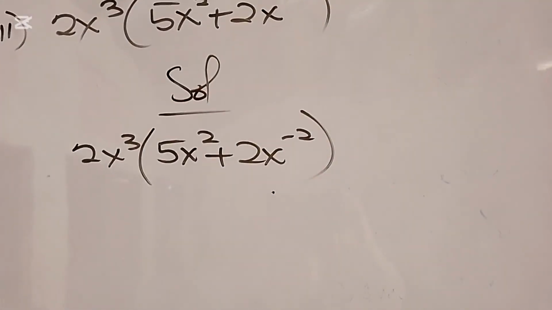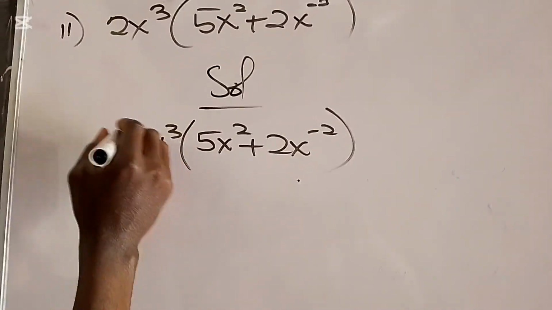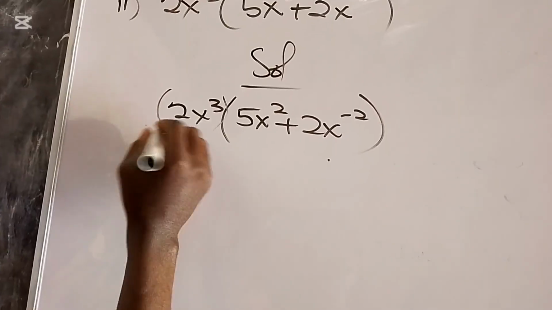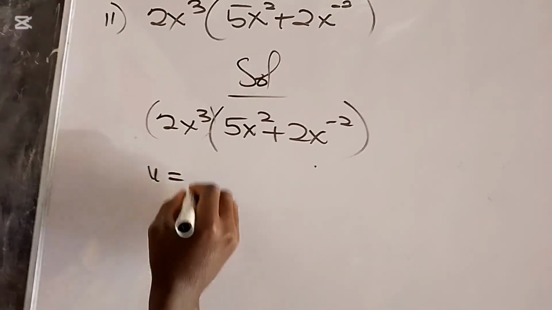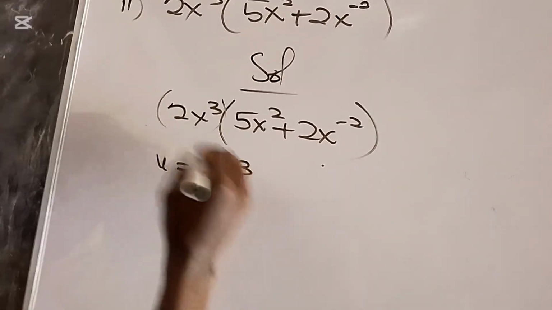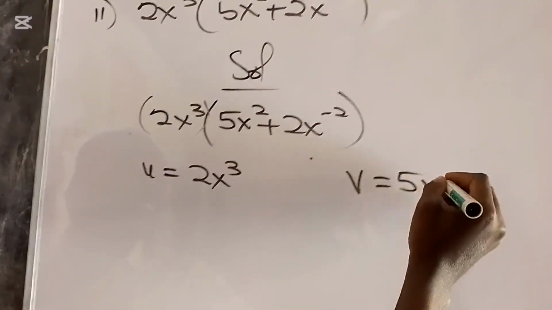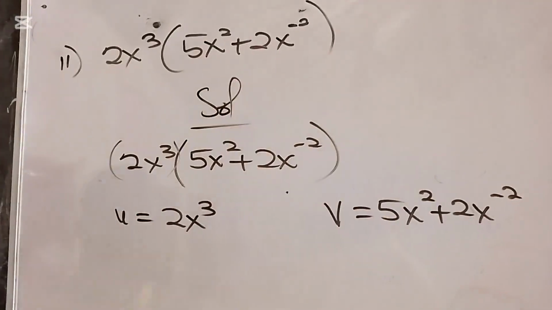So I said early on that the first bracket should be given to u. So from here, our u is equal to 2x cubed and our v is equal to 5x squared plus 2x to the power negative 2.